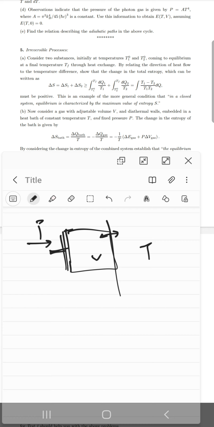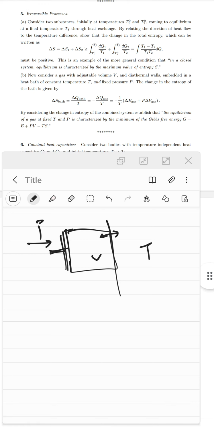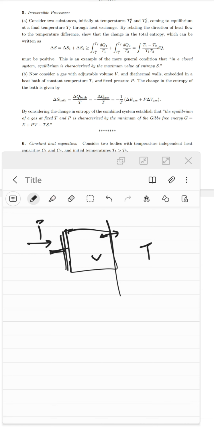The change in the entropy of the bath is given by delta S. Bath is just delta Q bath upon temperature, which is just delta Q gas upon temperature, is equal to, yes, that's completely correct. What's wrong with that? So the P delta V of gas. So delta Q gas is delta E gas plus P delta V gas.